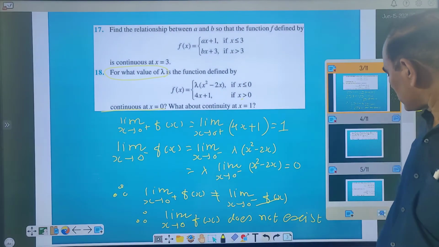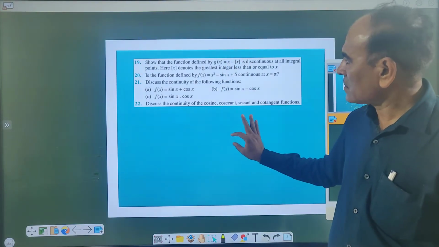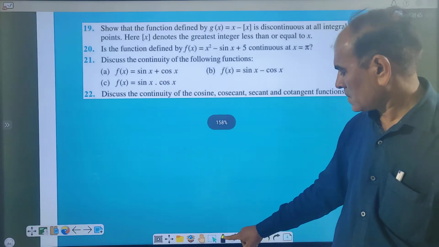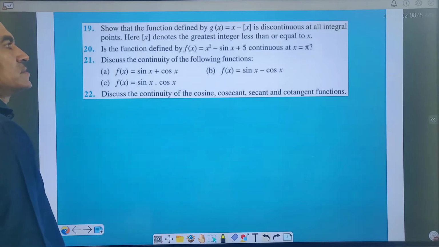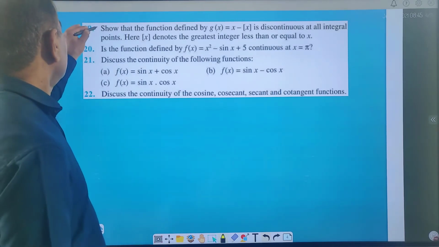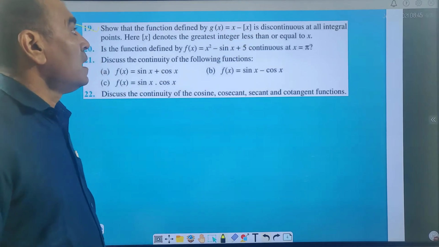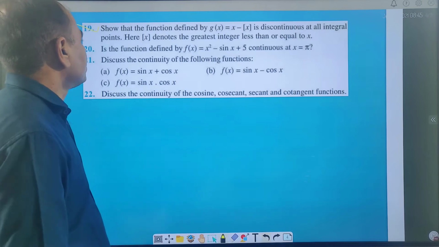Let us see the next one. See, what is this part? Here it is the integer part function that is given to us. So that this function defined by is continuous at all integral points.